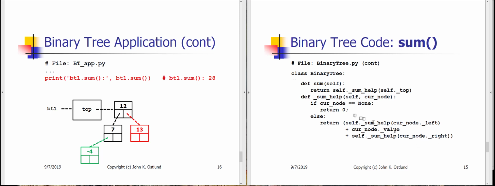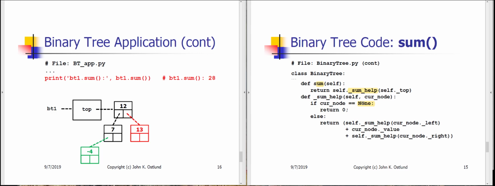One such method is the sum method, shown here on slide 15, that simply computes and returns the sum of all of the values stored in the binary tree. Here again, because the structure of the binary tree nodes is inherently recursive, I'm going to call a _sum_help function to actually do the computation. And this is fairly easy. If the current node, that is the topmost node, when we first enter the sum help function is None, we'll just arbitrarily say that the sum of that value is 0.